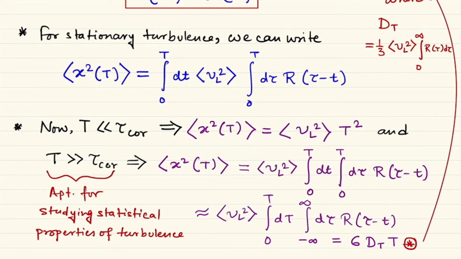So how to say that? If you put your reference time very large with respect to the correlation time, then inside that time interval you will have so many correlation times, and that will give you a statistically very well trusted sampling.